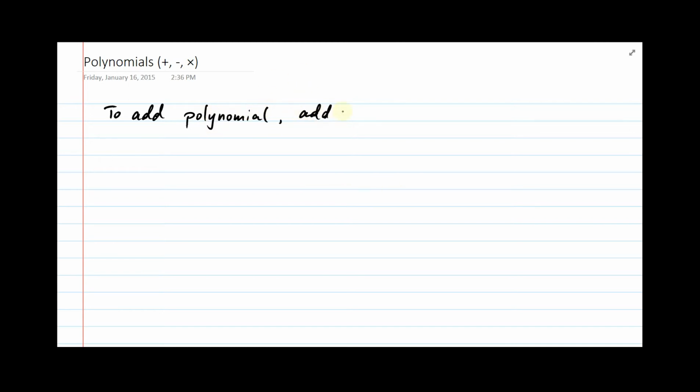Add like terms. And we know what a like term is. Like terms have the same variable to the same power, right? And so forth. Okay, let's look at some examples.